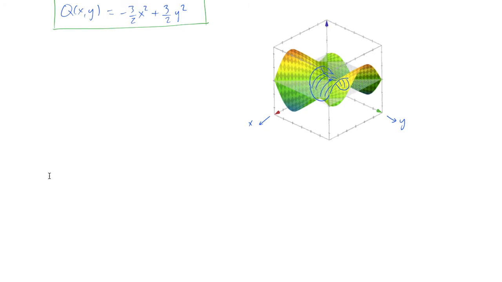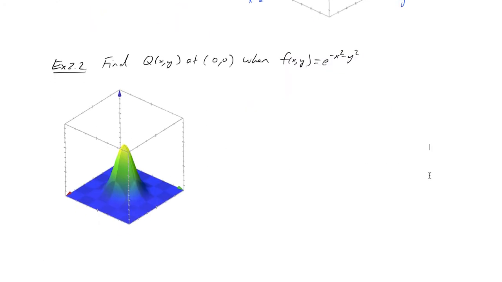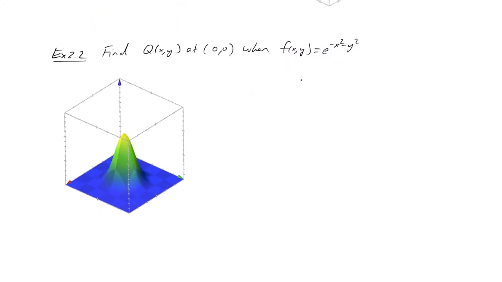Okay, I want to do one more example. So I want to find the quadratic approximation at the origin when we have this function e to the negative x squared minus y squared, which is this bell-shaped curve in 3D. And I'm not going to go through all the math here. I will just give you the second order partials, so you can check this on your own. The second partial with respect to x is this.